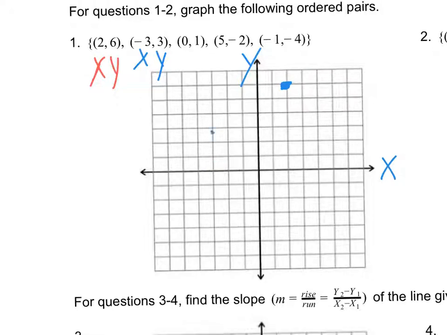So negative 3, positive 3, right there. 0, 1 is this point, 5, negative 2 is this point, and negative 1, negative 4 is this point. All right, so that's basically the gist of graphing ordered pairs. You can go ahead and do number 2 as well, but hopefully that was helpful just to give you a quick reminder of how to do that.